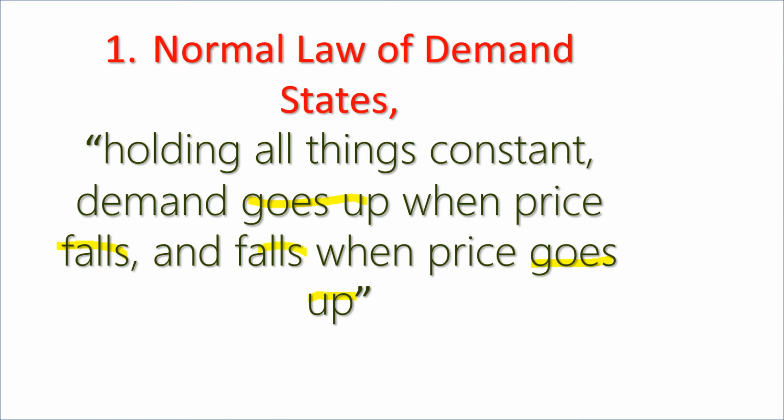Demand falls. So it's a vice versa or inverse proportionality. So when the demand goes up, the price falls. The demand will fall when the price goes up. So the normal law of demand is an inverse relationship between demand and price, holding all things constant.